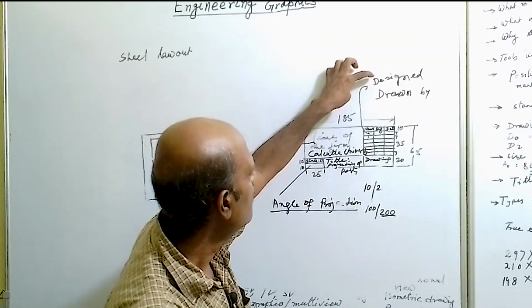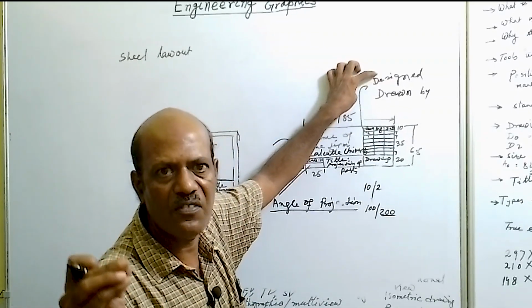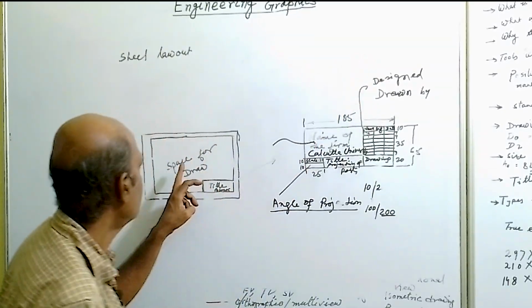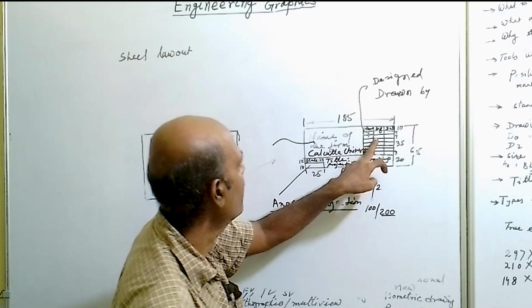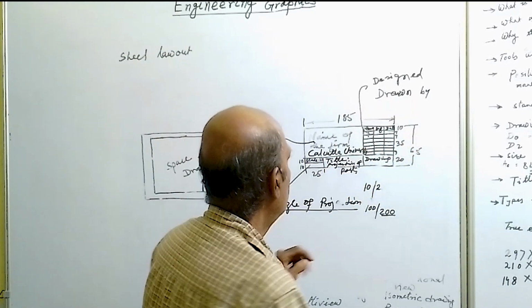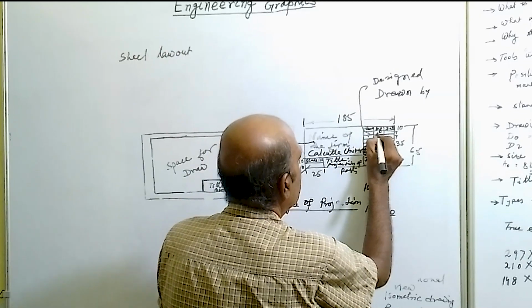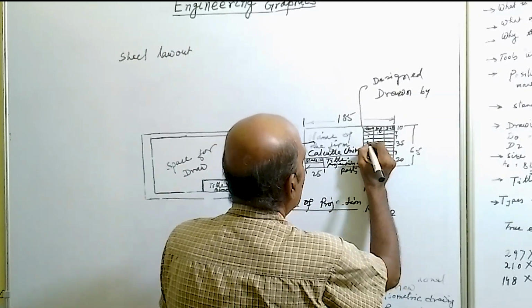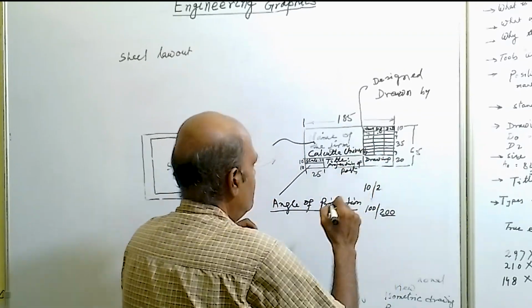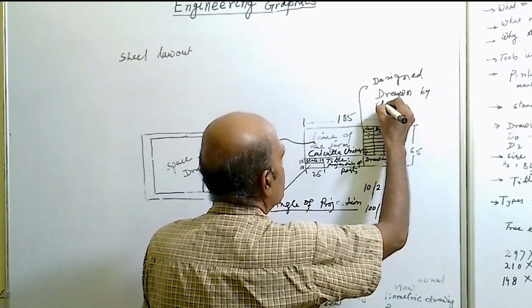So that means the designer gives the specification of the object. That specification is translated into drawing by the draftsman. So his name will be written here and signature here. Third column will be checked by.